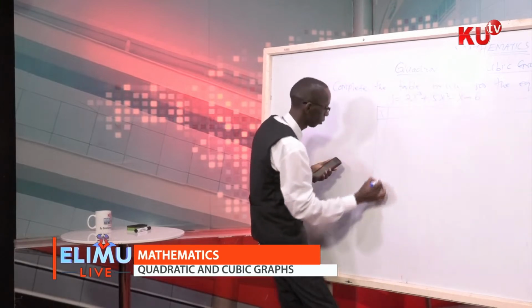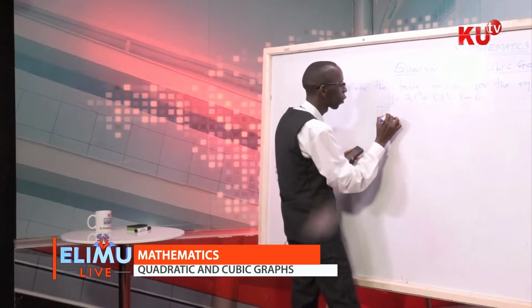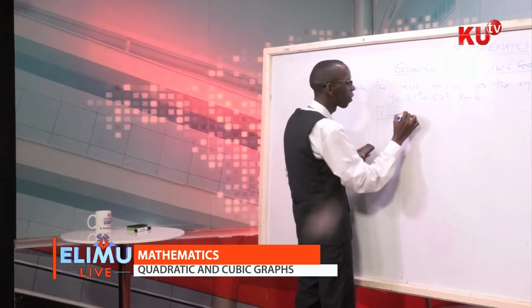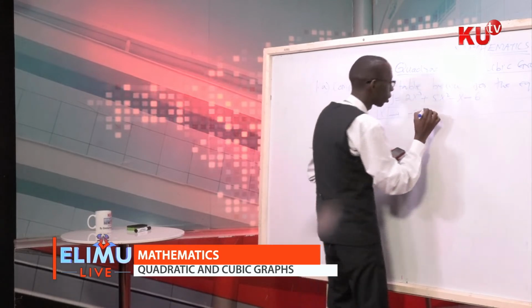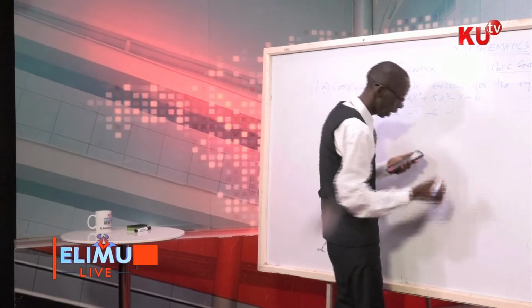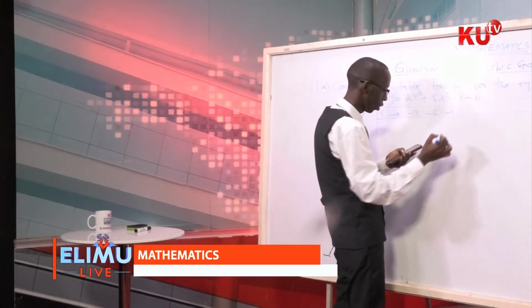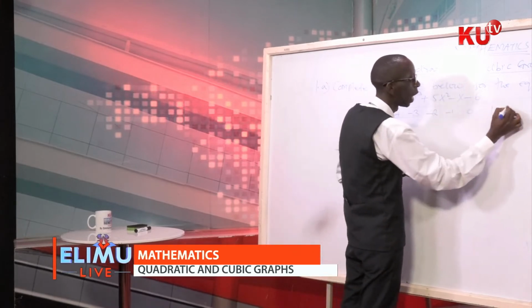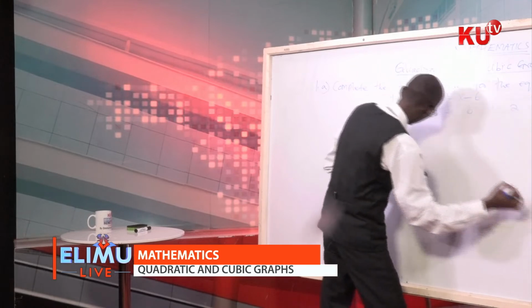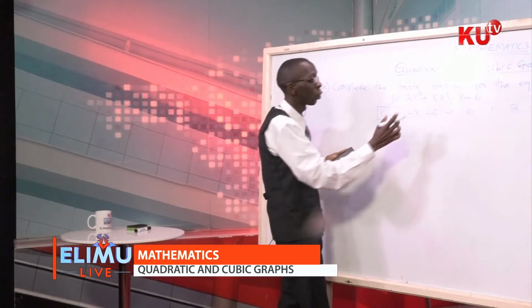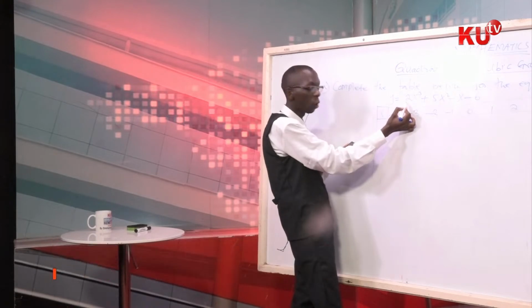We have the table there. The table has the values of x. The values of x are ranging from -4, we have -3, -2, -1, 0, 1, 2.